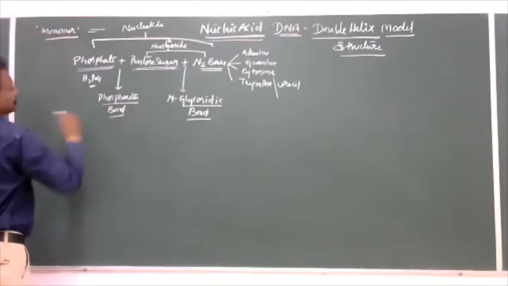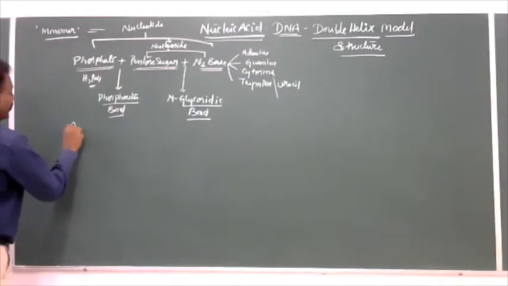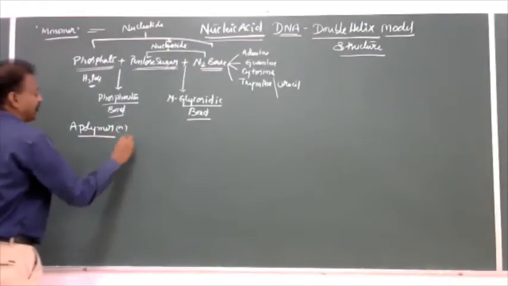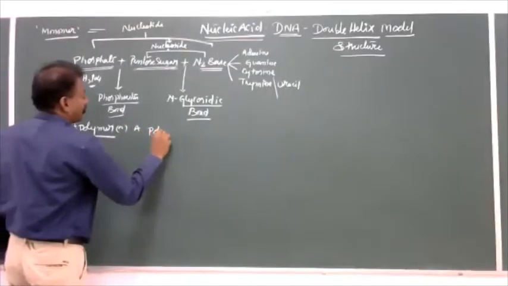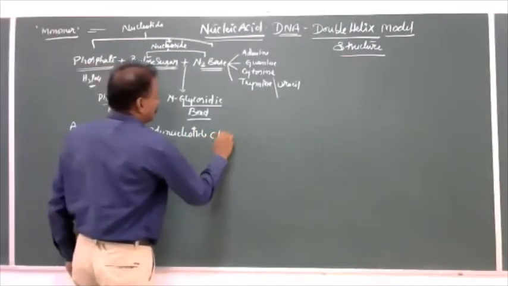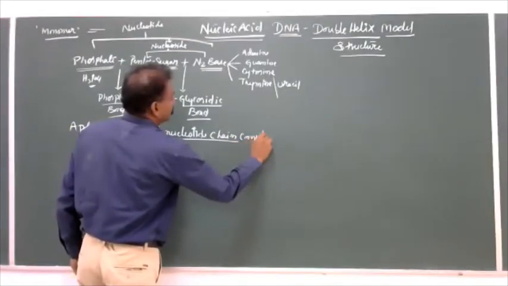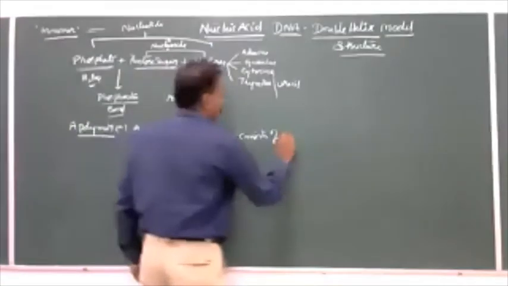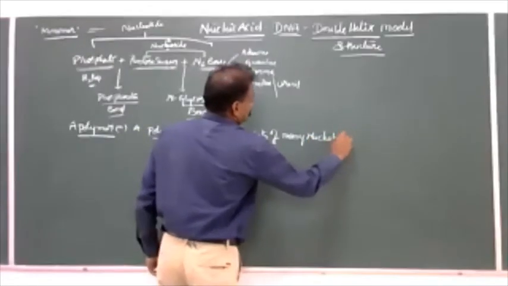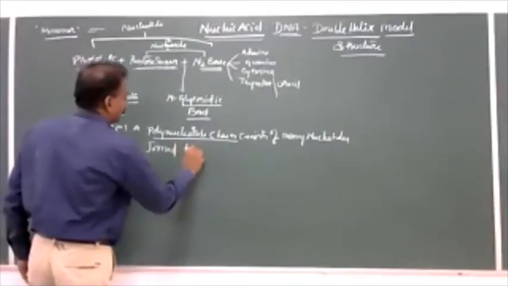So many monomers join to form a polymer, and here a polymer or polynucleotide chain consists of many nucleotides joined together.